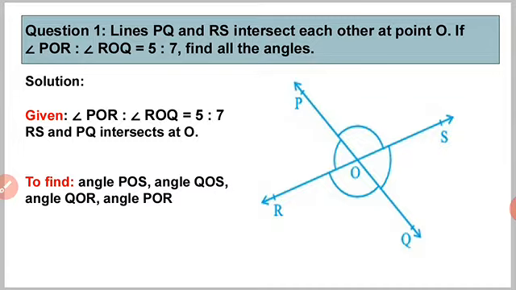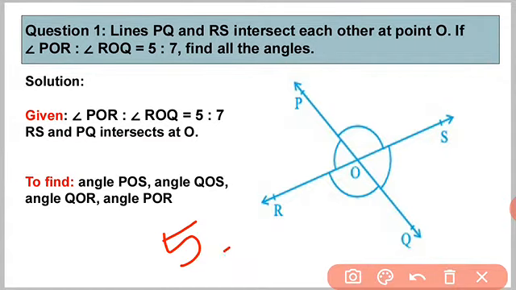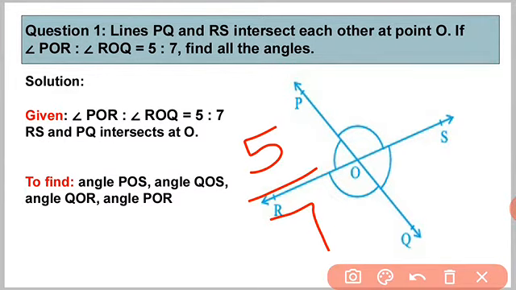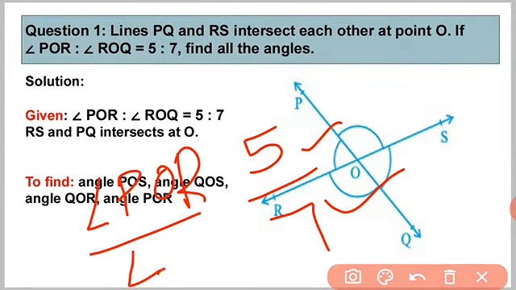So we have been given the ratio between angle POR and angle ROQ. Children, remember, whenever you have been given a ratio, it means we are comparing two things in terms of how many times. When two things are given in a ratio, it means that there is some common number between them.